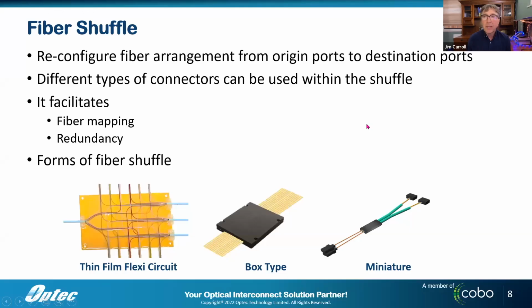Paul, there's some questions for you, so maybe we're going to need to see your slide deck again if you can share it. The first question is, what did you mean by polarity, and what is the challenge with polarity that led Optec to make their own equipment to control? So on this slide, we're showing 3 different kinds of fiber shuffles. In the middle is the box type, where the fibers cross over each other inside.